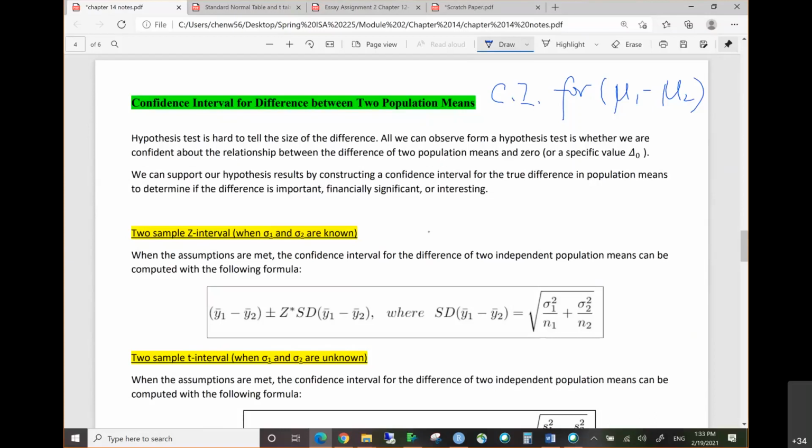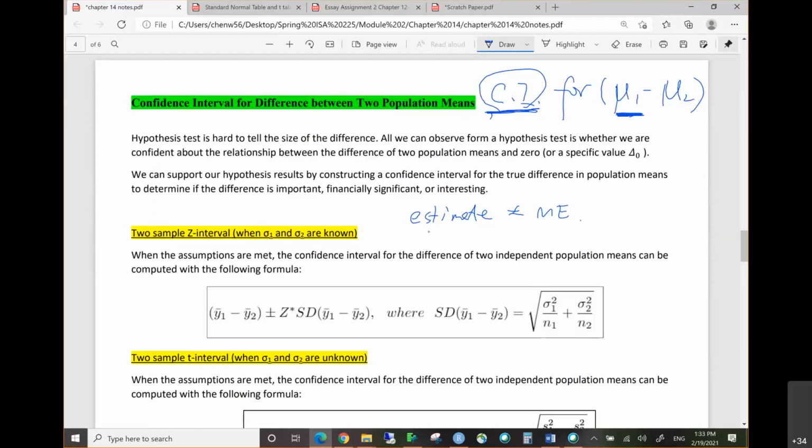Kind of get an idea about the difference. Right? Then we say for any confidence interval, we have a general format, which is the estimate plus minus the margin of error.